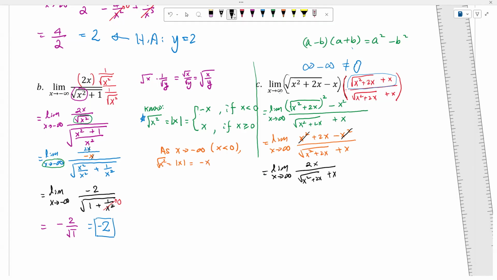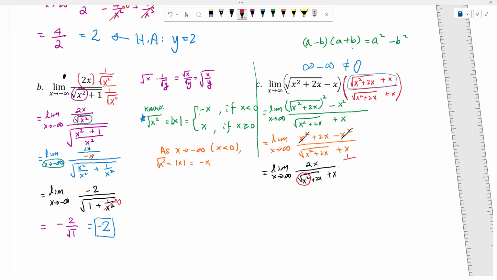Now you will see that this example is really similar to what we did before. Maybe try the problem again. To this one, my largest power or term is actually the square root of x squared.